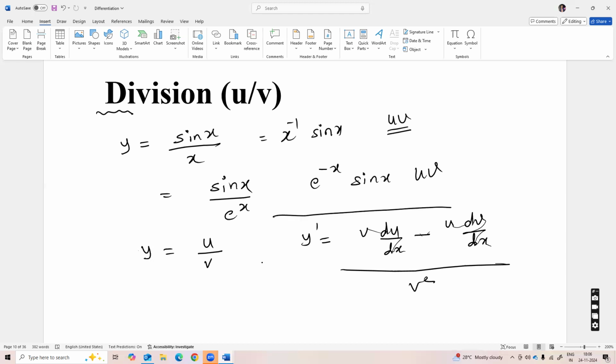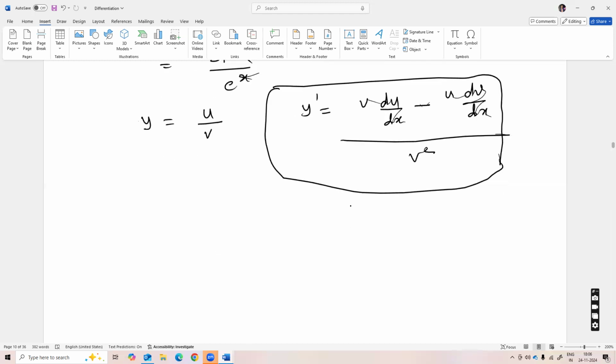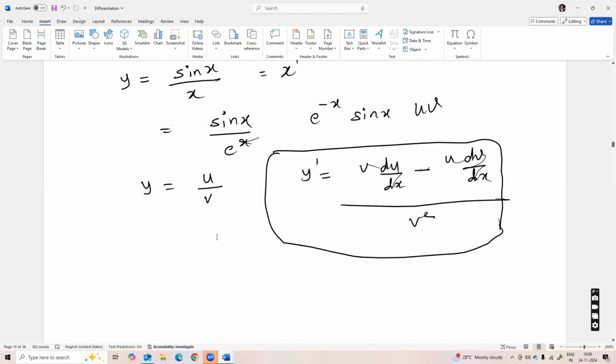You should remember this formula. If y is equal to u divided by v, numerator is u, denominator is v, then y dash is given as v into du by dx minus u into dv by dx, divided by v square.